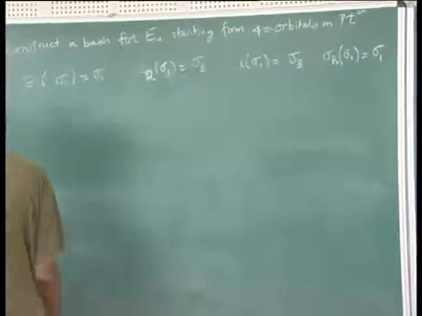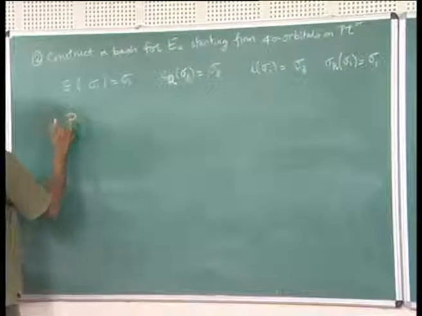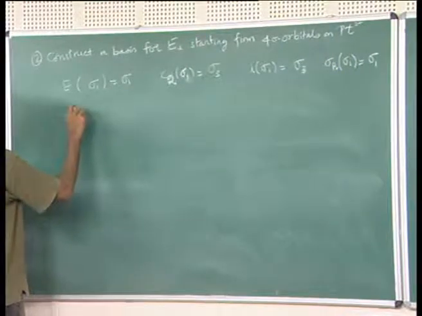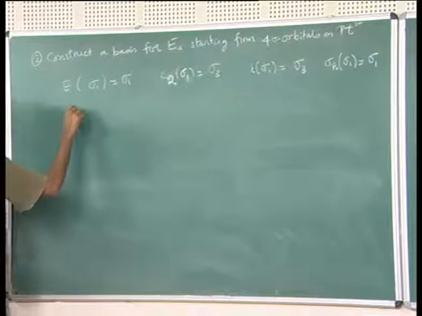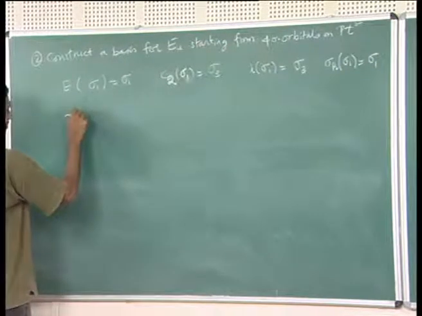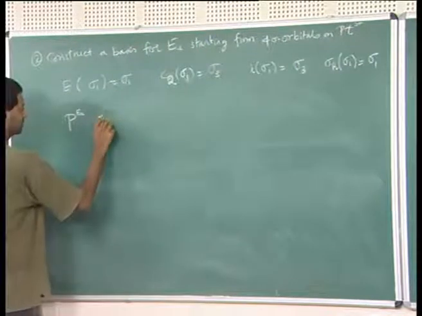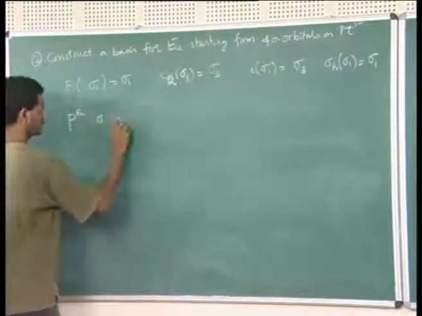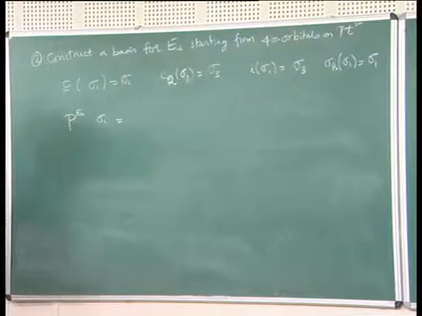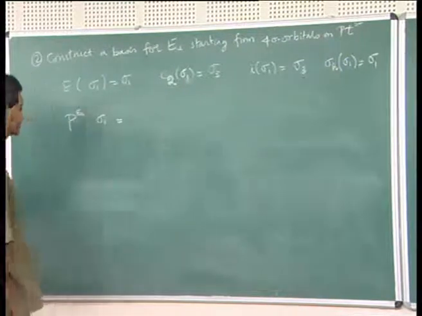Okay, so the projection operator onto EU of sigma 1 can be written using the incomplete projection operator.